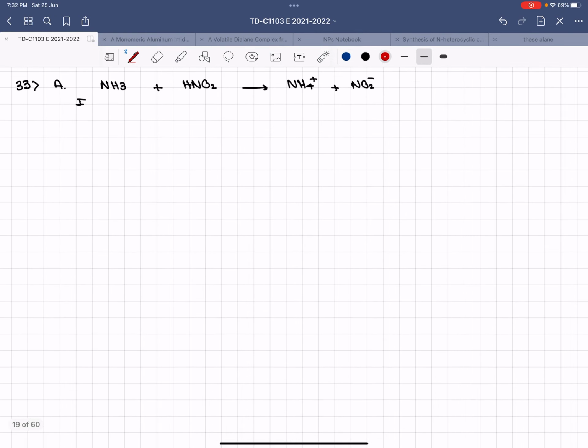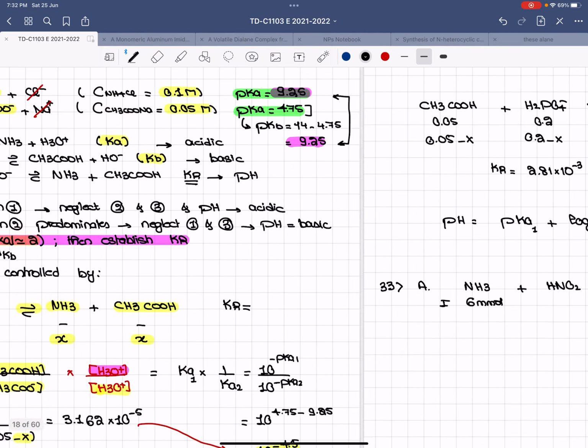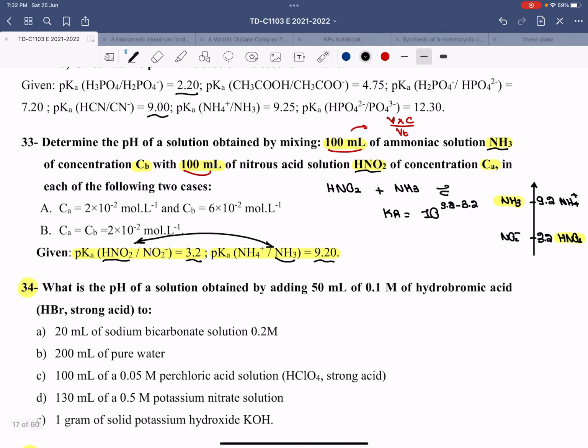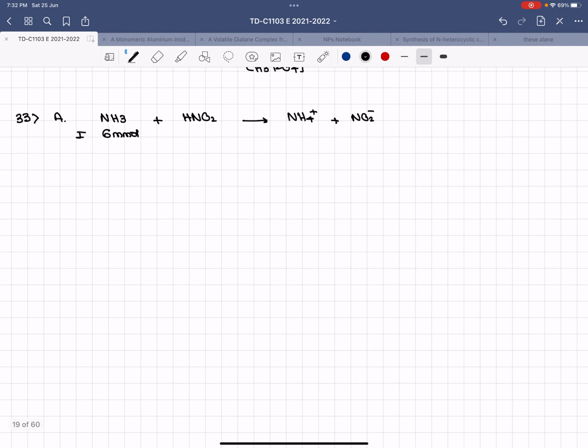We need to keep pointing this out. So NH3 is basically 6 times 100, 6 millimoles. Okay, HNO2, what was the concentration given? We should open it in front of us. HNO2 is Ca, it's 2 times 10 to the power negative 2, times 100. So basically it's 2 millimole.